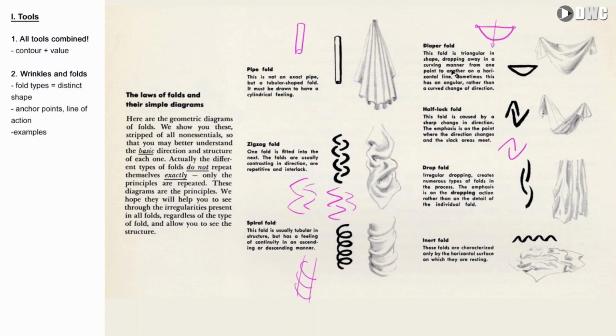And we'll look at some examples of diaper folds. So if this is your first time looking at the anatomy of folds and wrinkles, don't get too caught up in it. Just pay attention to the shape: cylinder shapes, zigzaggy shapes, and this kind of U shape is what we're going to see a lot.